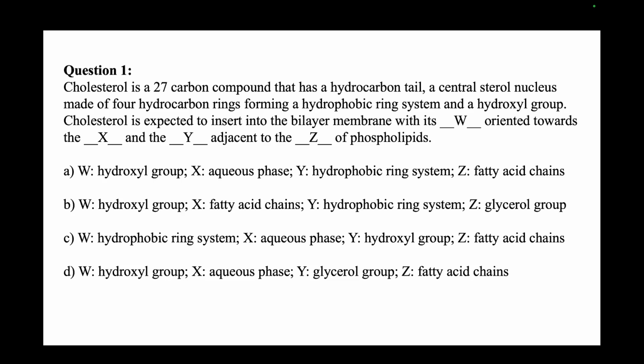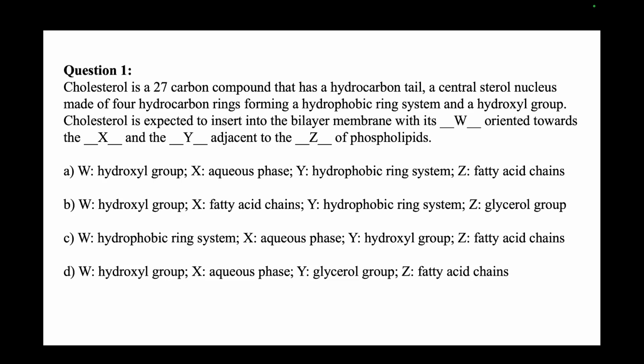Which group is oriented towards which phase or which location, and then another part is oriented towards some other location in a membrane. So, we are talking about a membrane.